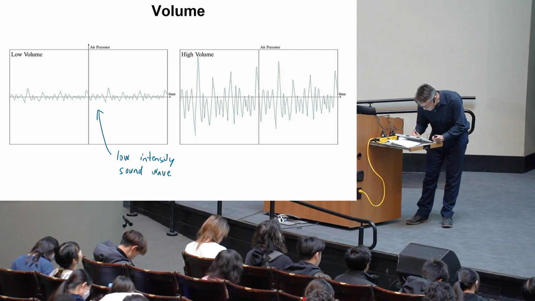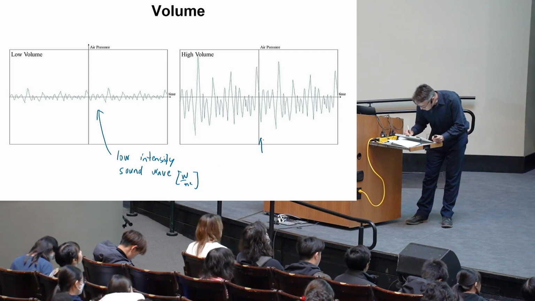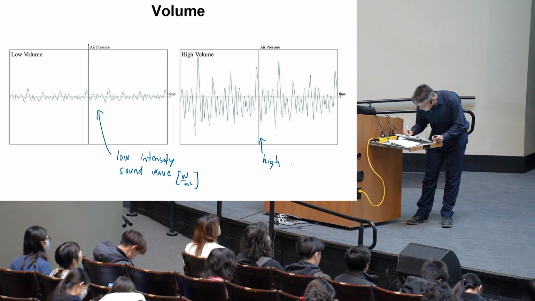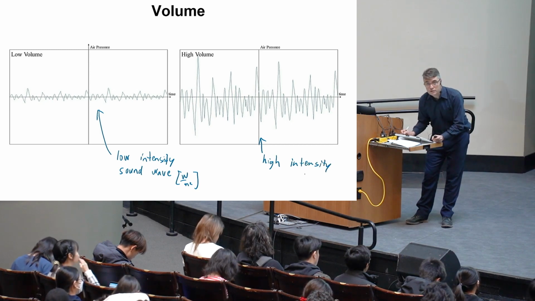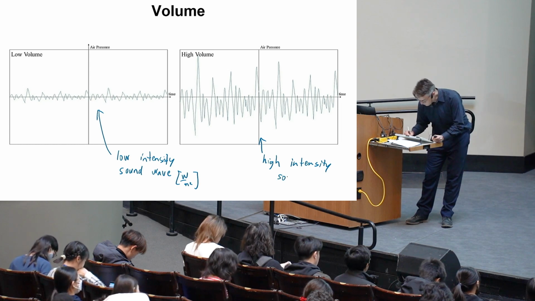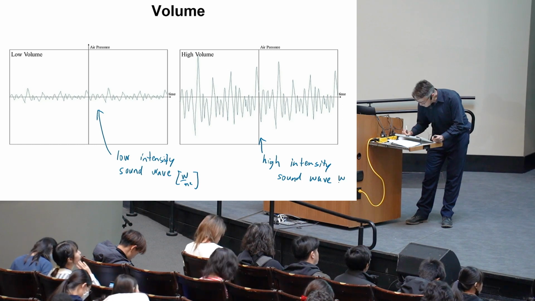And this is a higher intensity. So this is how you actually carry this energy along the wave, with pressure variations in the sound wave. Okay, so there's more watts per meter squared in this wave on the right than there is on the left.